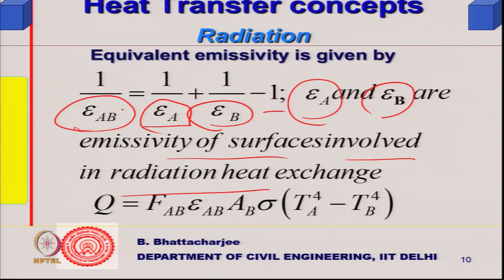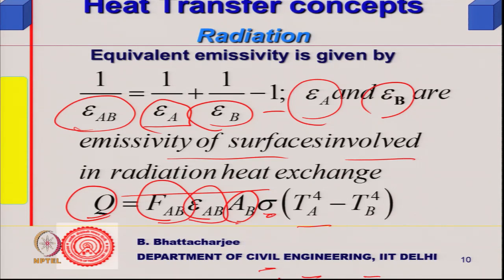So, radiation heat exchange between two bodies will be given by F AB, the configuration factor, epsilon AB, A the area of one of the bodies, sigma the Stefan-Boltzmann constant, and Ta to the power 4 minus Tb to the power 4. So, that is what it is.